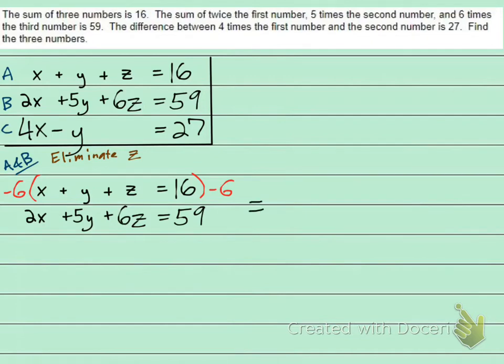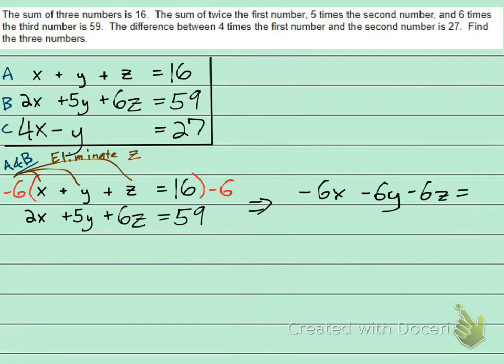All right, I'm going to move my system over here. So -6 times x is -6x. -6 times y is -6y. -6 times z is -6z.